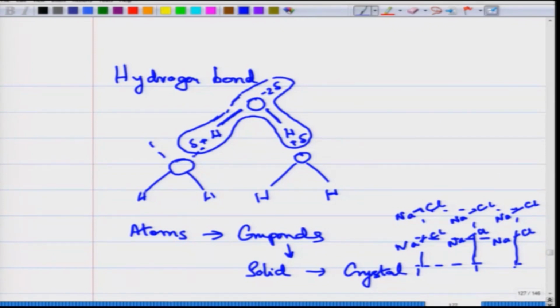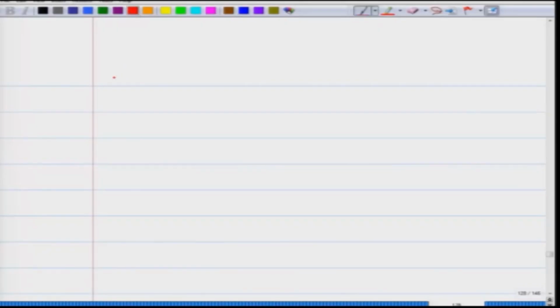So, a typical crystal will have atoms which are organized. For one example, you can have a red atom and a blue atom, which are periodically organized. I am just showing it to you in two dimensions.